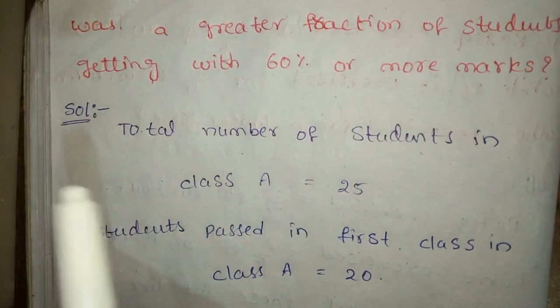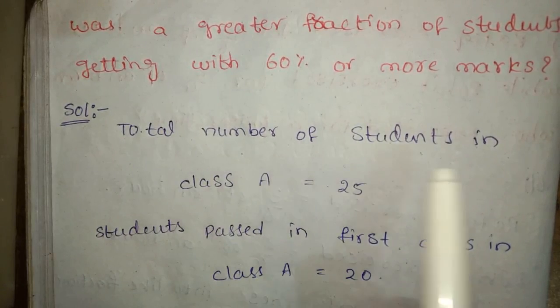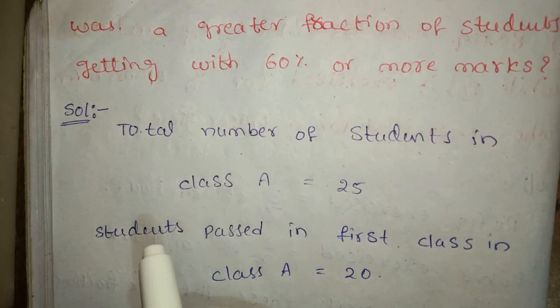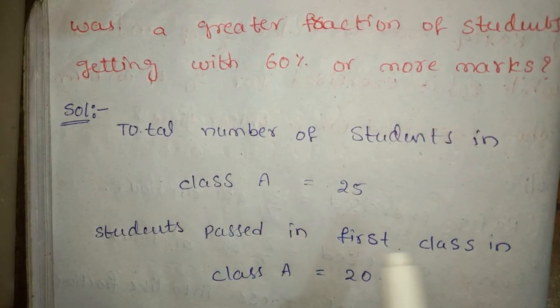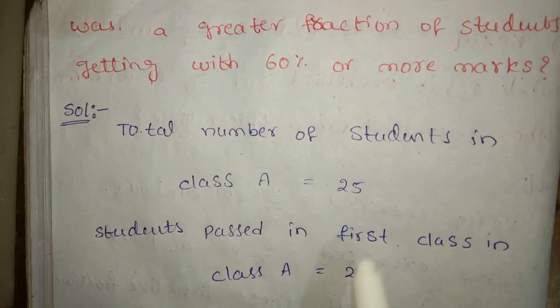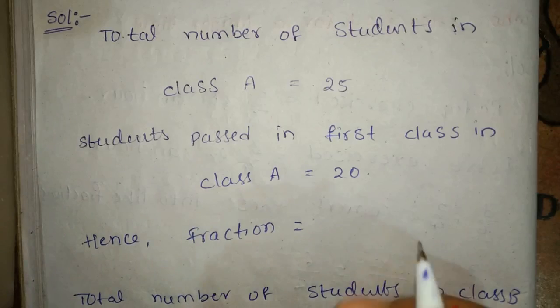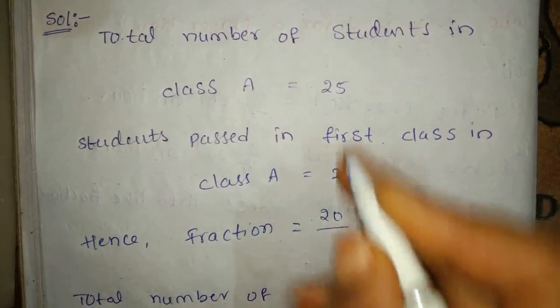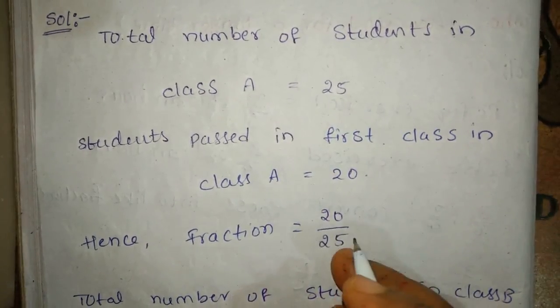Now the solution. First, the total number of students in class A is 25. The students who passed in first class in class A is 20. Hence the fraction is 20 by 25.